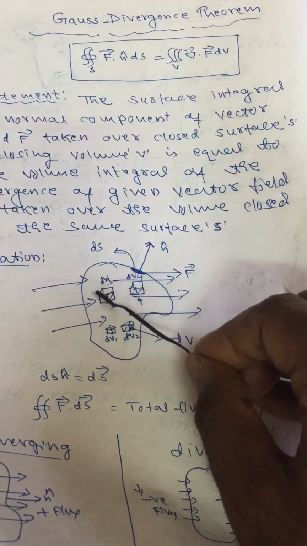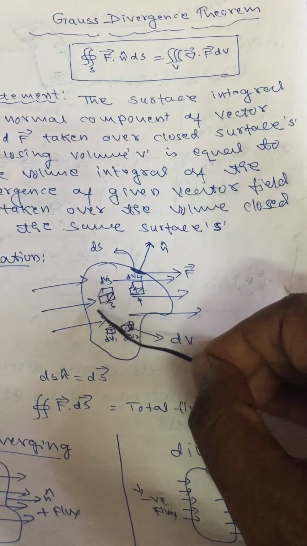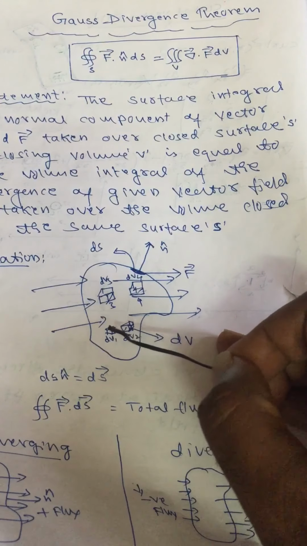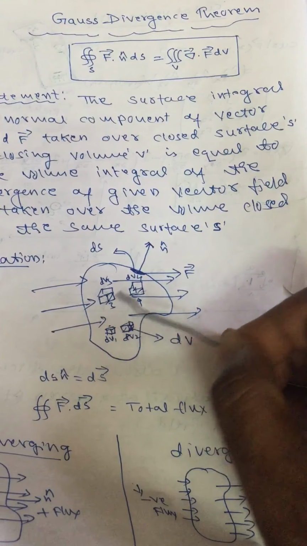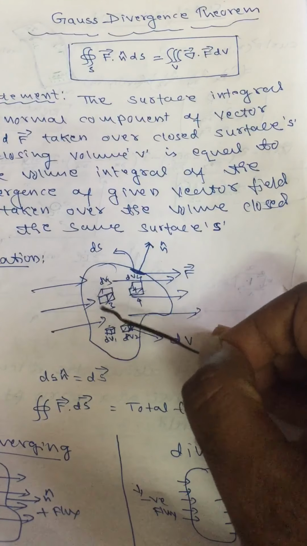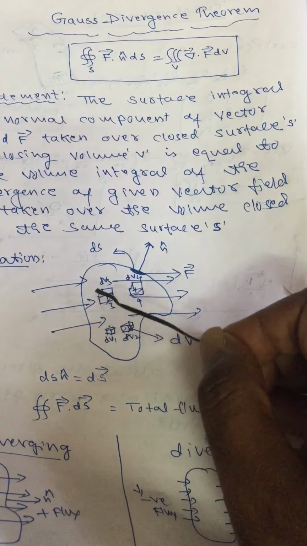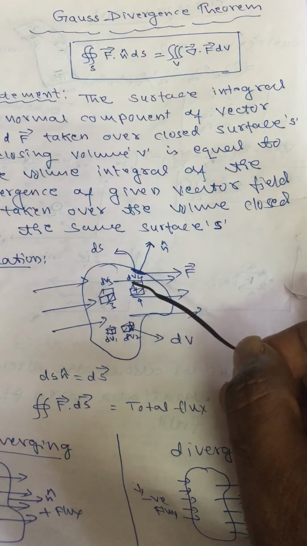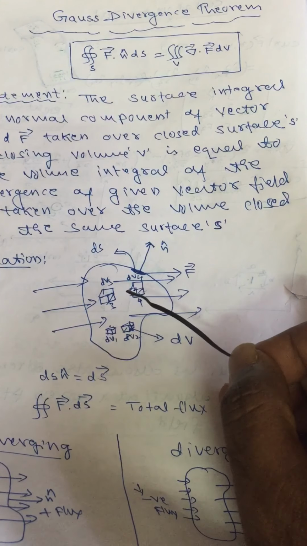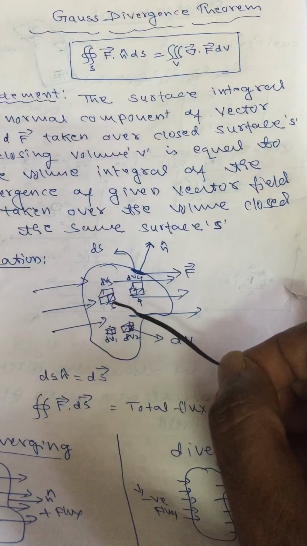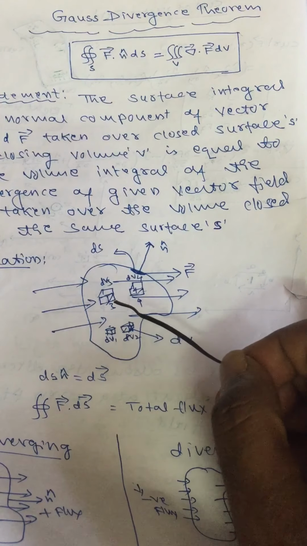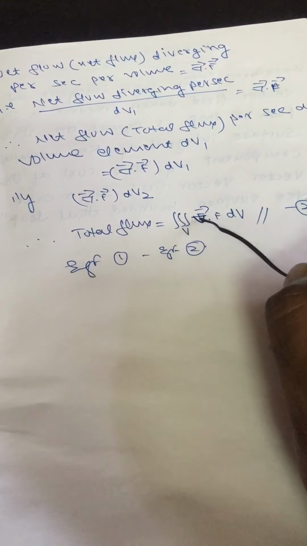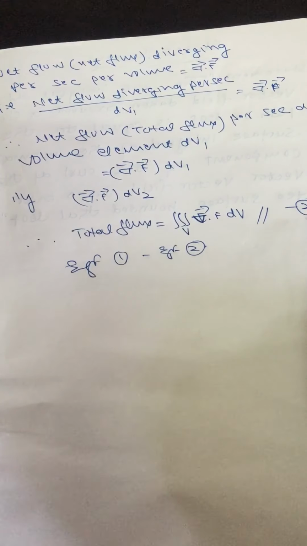So for the total net diverging per second, you should add the contributions of dv1, dv2, and so on. That summation is called the volume integral, the divergence of the vector field multiplied by the volume, and that gives the total flux. So you may write total flux is equal to the volume integral of del dot f dv, that you call equation 2.